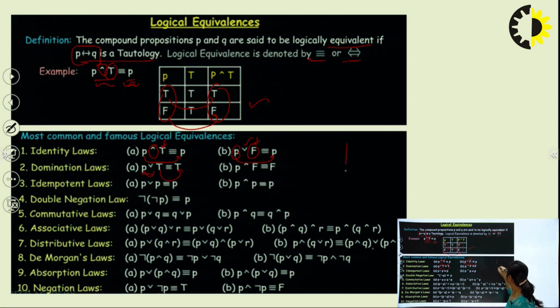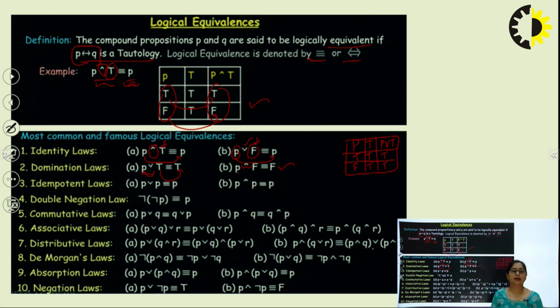Here P has two possibilities, true and false, and true is always true. So P disjunction true will always give you the true value, because we are doing the disjunction. In a similar way, the P value doesn't affect the result when you are doing the conjunction with false, so it will always give you the false value.